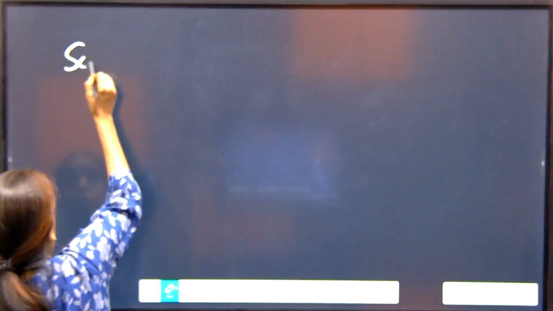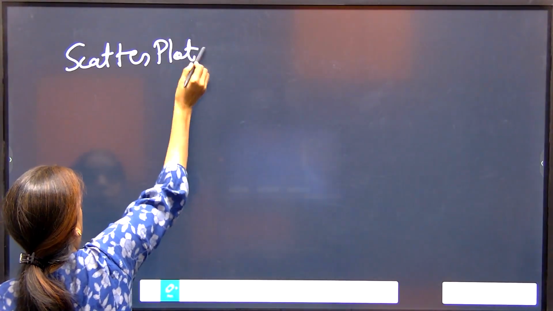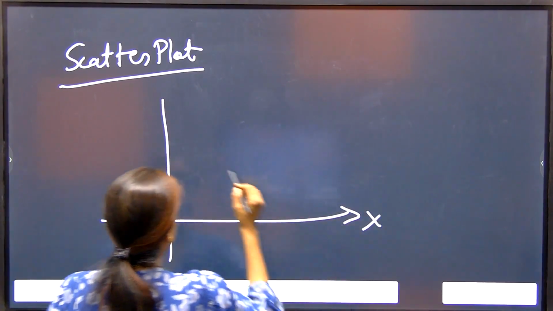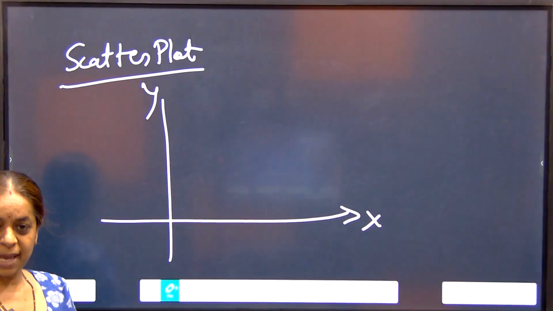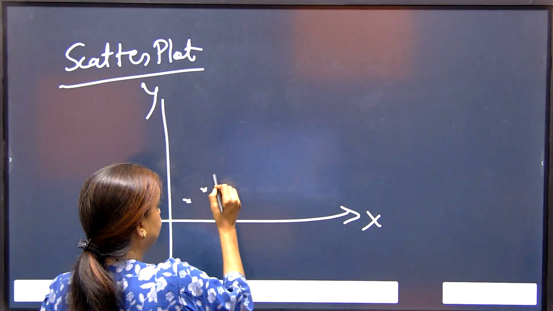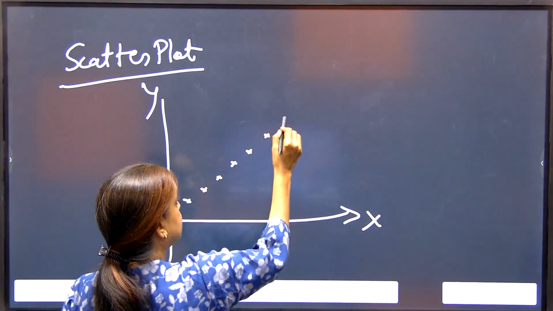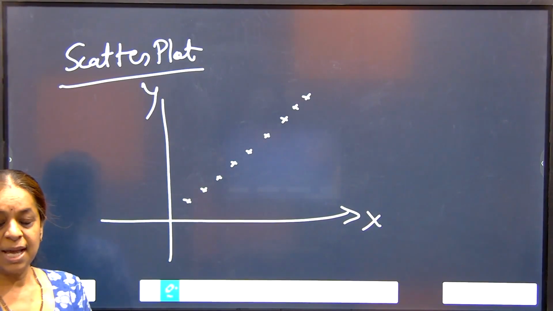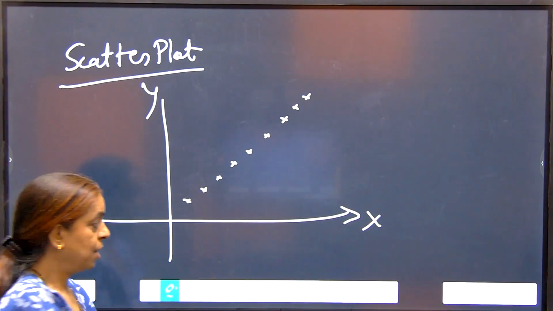Scatter plot is a very simple term, or we can say it is graphical, because I have bivariate data. One variable I will plot on the x-axis and the other variable I will plot on the y-axis. If I get this kind of straight line which is going exactly in upward direction, this is an indication of positive correlation.